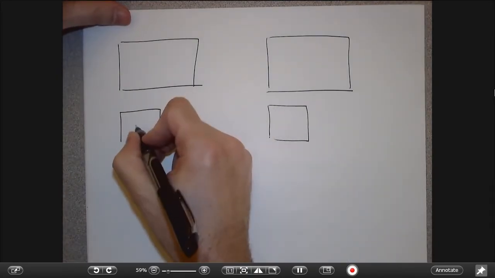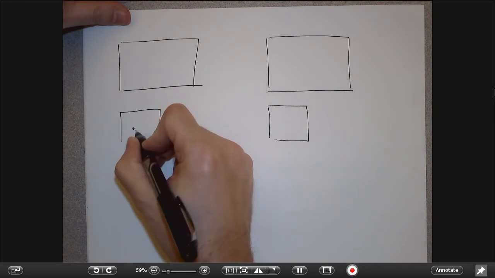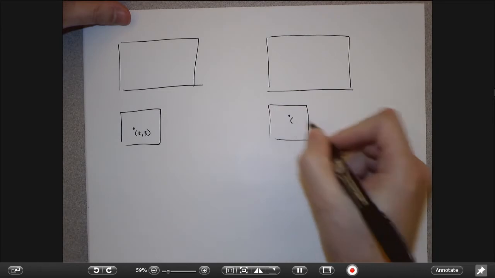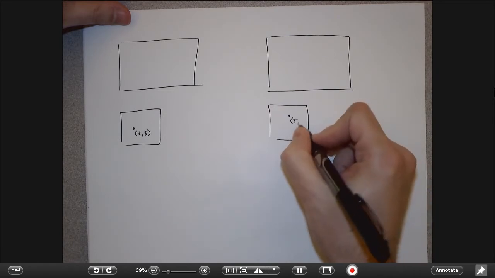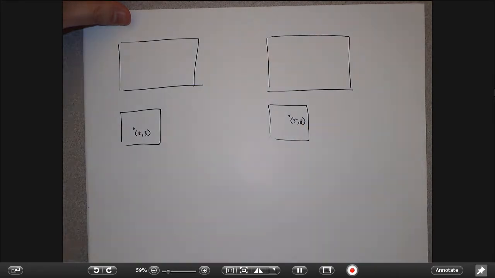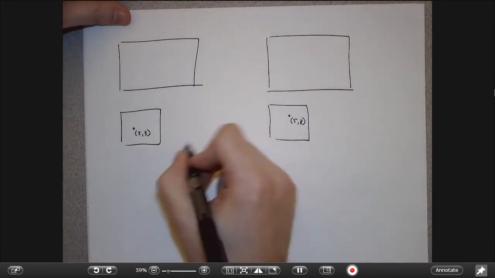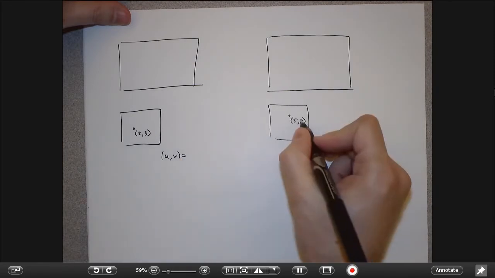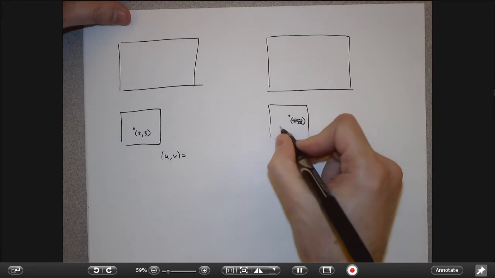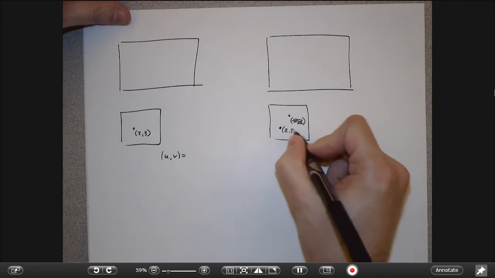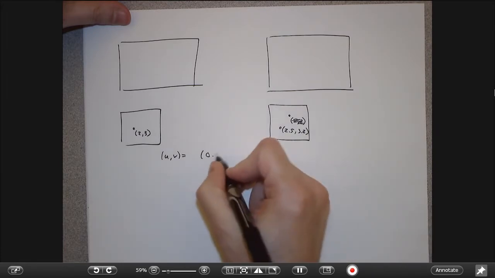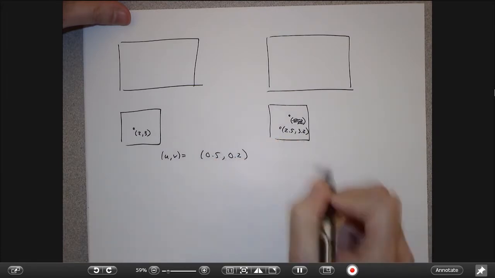Okay, so let's suppose that here I have this vector 2, 3, and I estimated that it went to 5, 8 or something like that. Actually, this is a bad example because this is too big. So maybe it should be something like 2.5 and 3.2. So my estimated UV is going to be 0.5 and 0.2 for this vector.